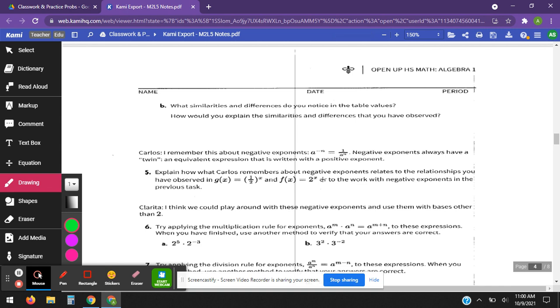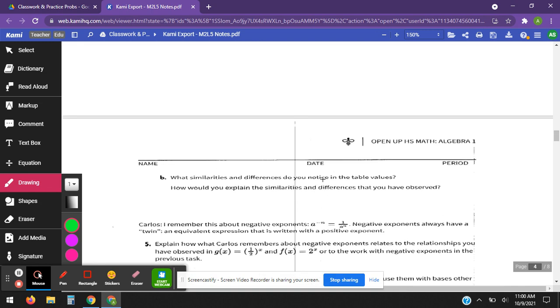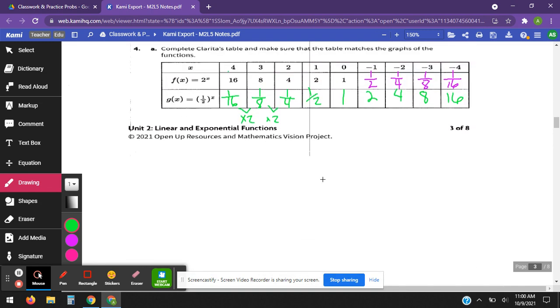Well, I'm going to look at these. So I notice that it's kind of opposite on here. It looks like the opposite x values, the answers are reciprocals of each other. And it kind of seems like 1/2 to the x power.